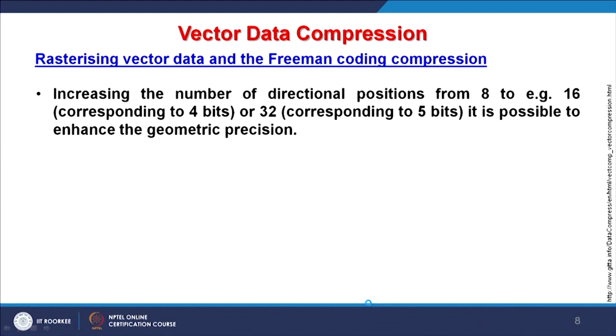By increasing the number of directional positions from 8, for example 16 corresponding to 4 bits and 32 corresponding to 5 bits, it is possible to enhance the geometric precision, and by which we can also achieve better compression. Codes can be stored using integer types.